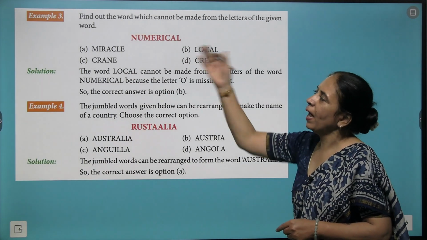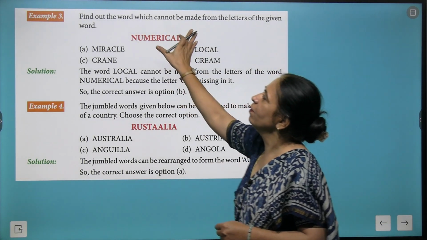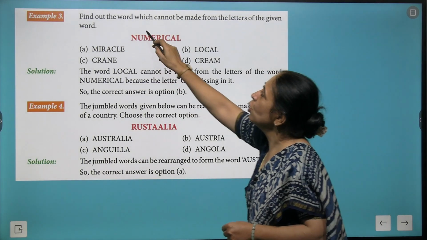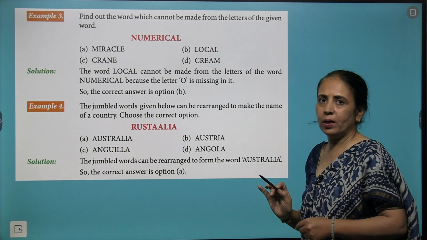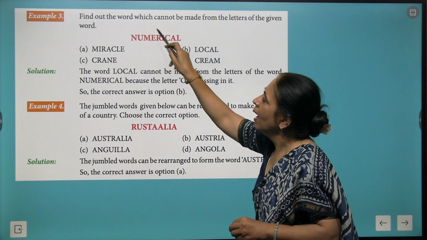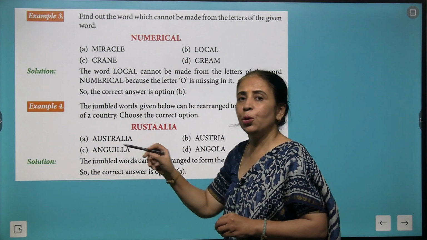Moving further, I have another example, very interesting example. A word is given to you and you have to find out of the word which cannot be made from this word. So every time you will be checking that miracle occurs, all the alphabets of miracle occurs in the numerical.